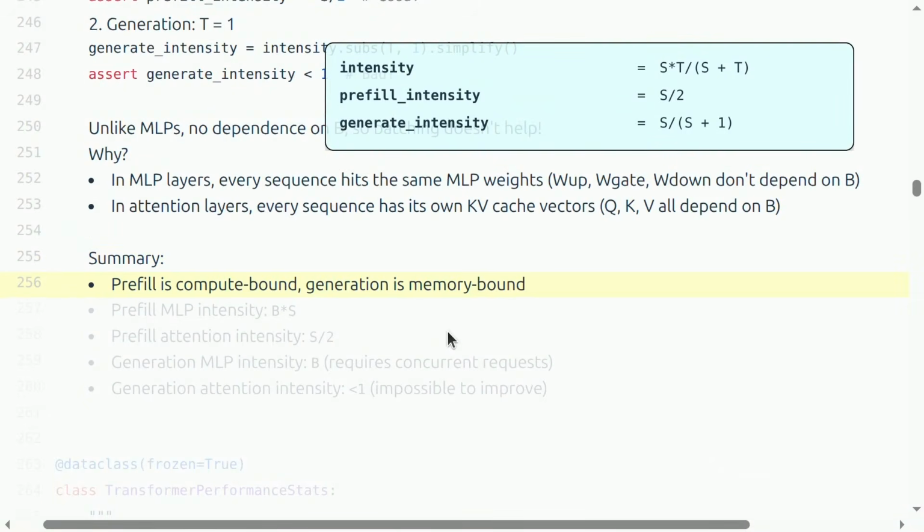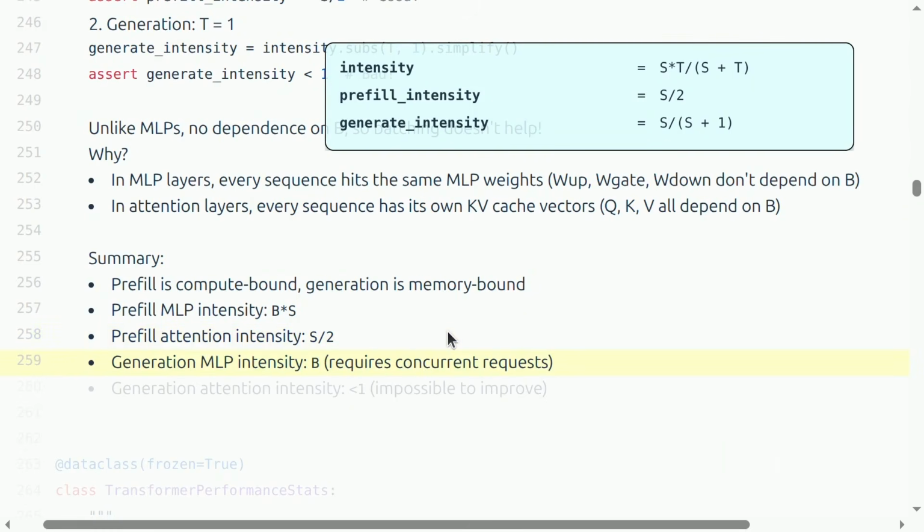Okay, to just summarize here, prefill is compute bound, generation is memory bound. If you look at the MLP intensity for prefill, it's B times S, great. Prefill attention intensity, S over 2, not as good, but workable. Generation MLP intensity, also workable, requires many concurrent requests, but it is really the generation attention intensity which is a fundamental bottleneck, and that's it.